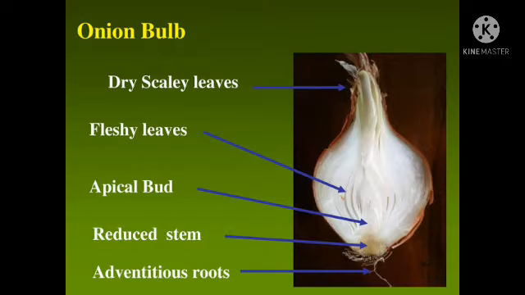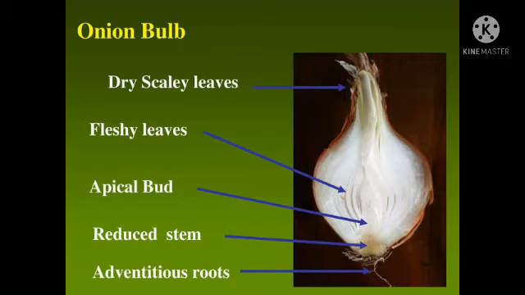Now we have the reduced stem. The stem is the part of the onion bulb that holds the onion bulb firmly to the ground. It helps the onion bulb to stand firmly to the ground. The stem is also the part where the onion bulb starts producing from.